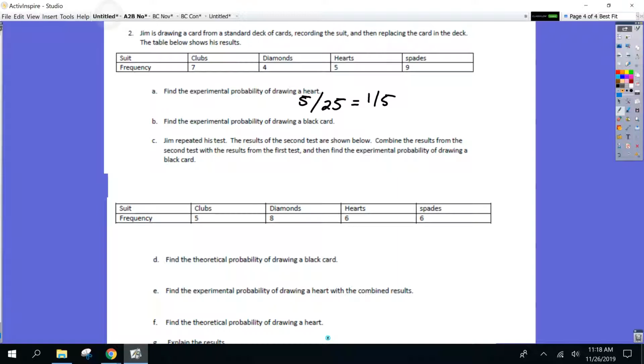Ready? Let's talk about the deck. How many total in the deck? 52. A little tree diagram for you. Half the cards are black. 26. Other half are red. 26. Okay, the black cards are made up of 2 suits.